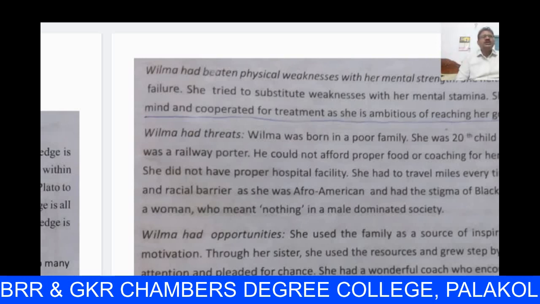She worked from morning till evening in different places, different houses. And not only that, she did not have proper hospital facilities.